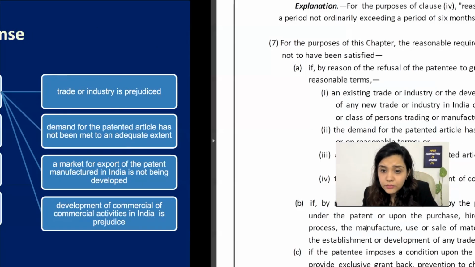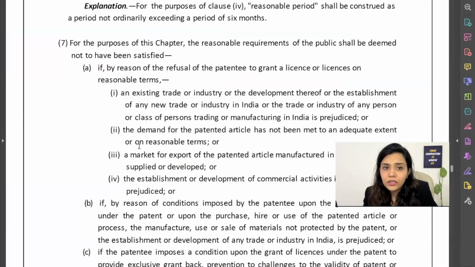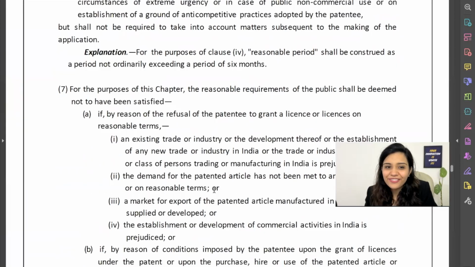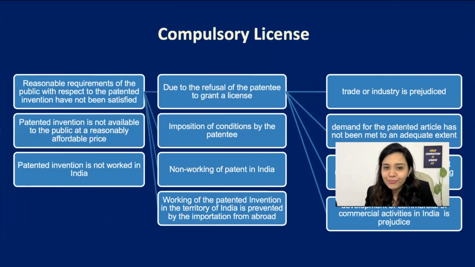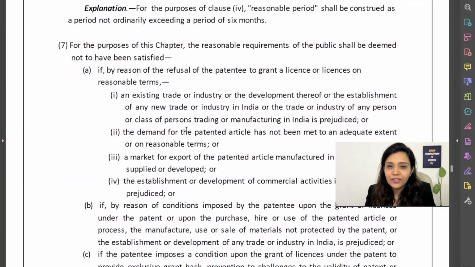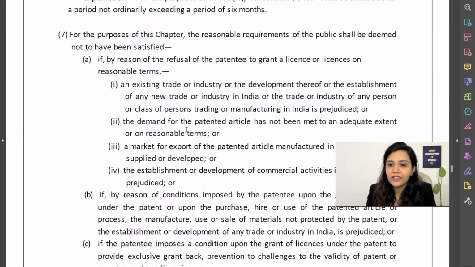What does this mean? It is given in clause 7. I think you'll have to do a fair reading of this yourself, because even if I explain, you'll not be able to remember these terms unless you read it once. But still, for the sake of clarity, I'll try to read it once for you.